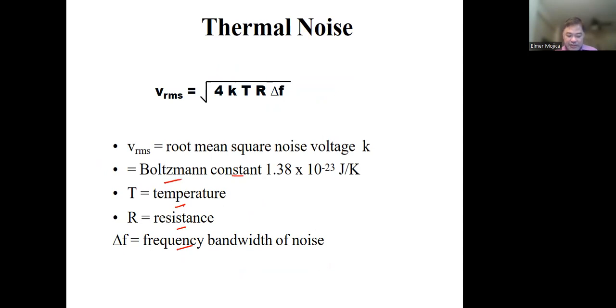Okay, so the relationship of this noise and the experimental parameters: if we want to reduce the Johnson noise, we can do it by what? If we're going to look at the temperature, paano natin i-reduce to? Do we need to increase the temperature or decrease the temperature?